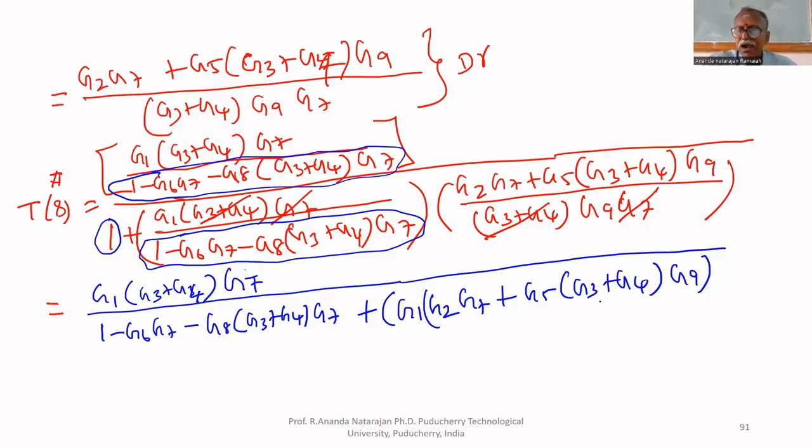This G9 and G9, we can cancel, and we can write G9 here. So that G9 can be written here and the G9 can be cancelled. Okay. So numerator is simplified, denominator we have to simplify.